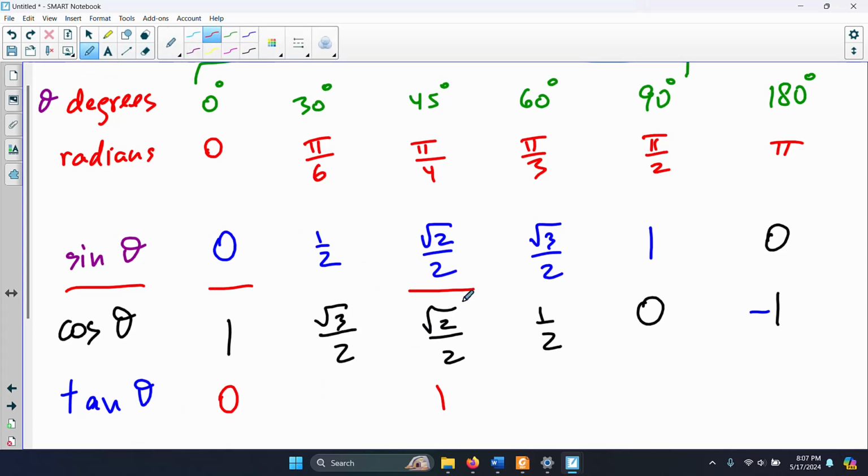Now, tangent of the other ones are a little trickier, but this is important. So what is tangent of 90 degrees? Well, it's 1 divided by 0, but remember, you're not allowed to divide by 0. It's undefined, so literally we say the value of tangent of 90 is undefined. Okay, UND, undefined. And the other ones, you just kind of fit that in.